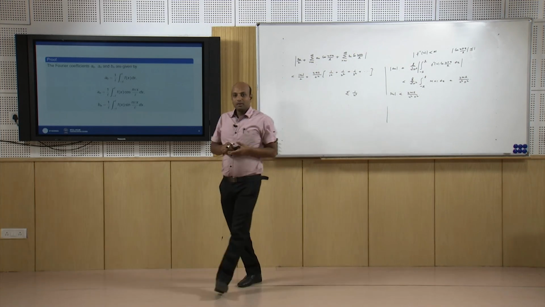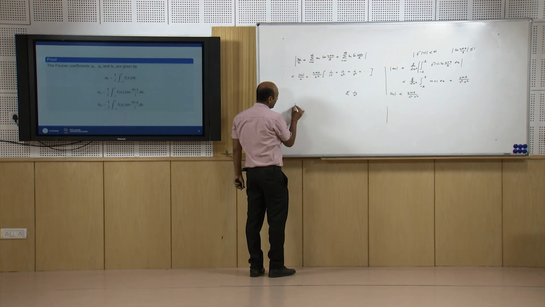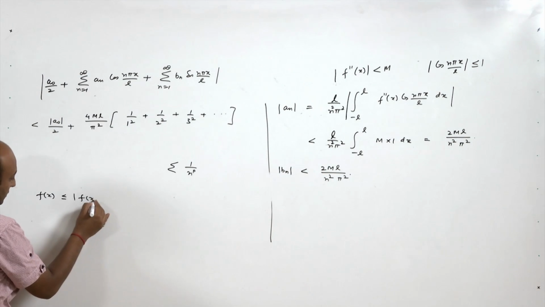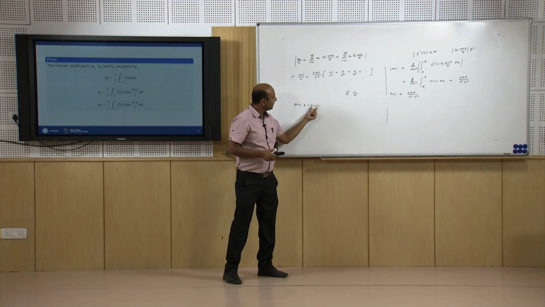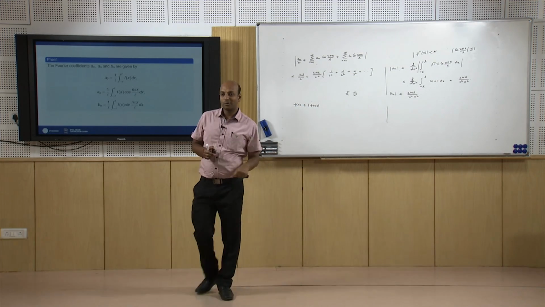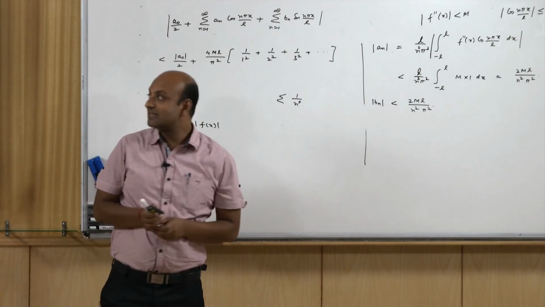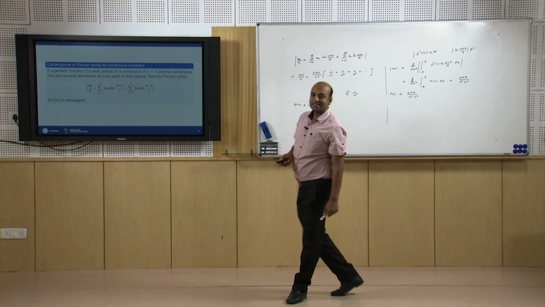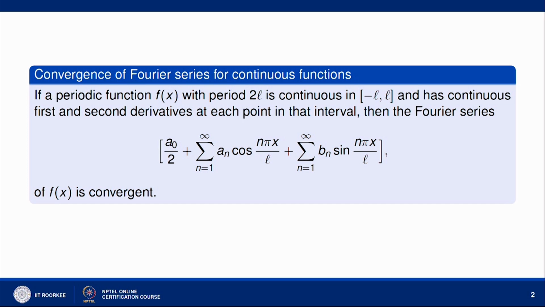Okay. This series is convergent because f(x) is always less than or equal to mod of f(x), and if mod f(x) is convergent, then f(x) is also convergent. Okay. So, this series will be convergent. Hence we can say that if a function is periodic and first and second order derivatives are continuous, then this series of f(x) is convergent.